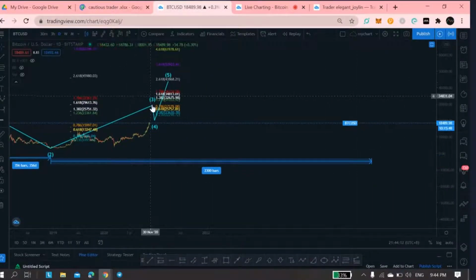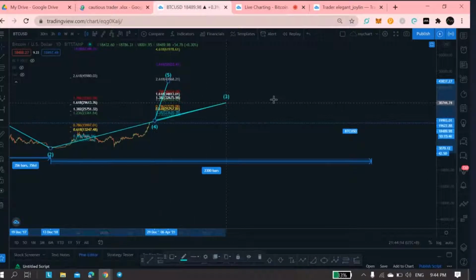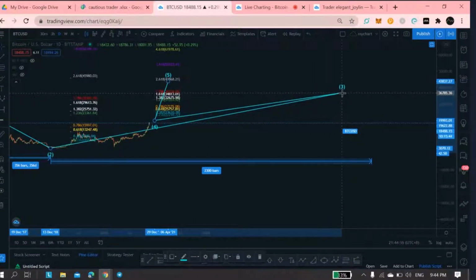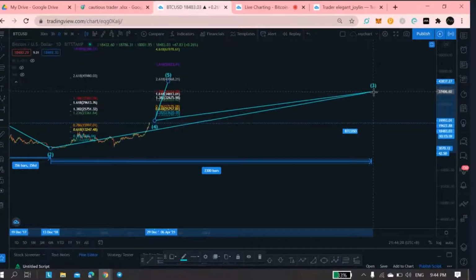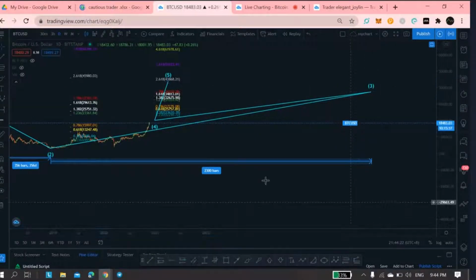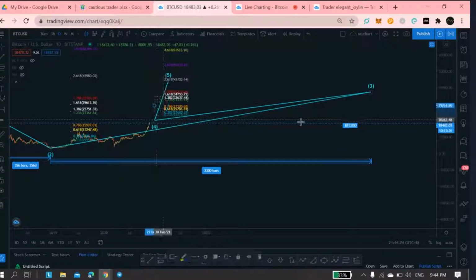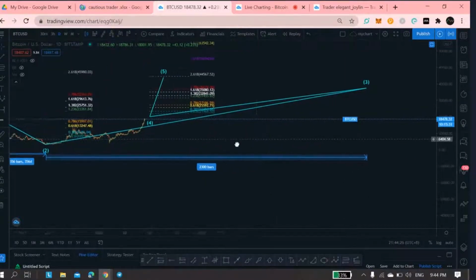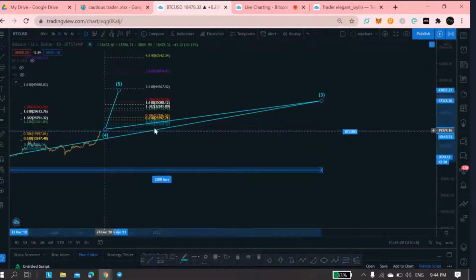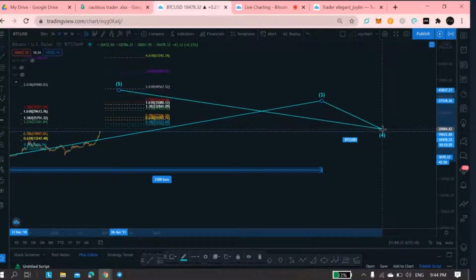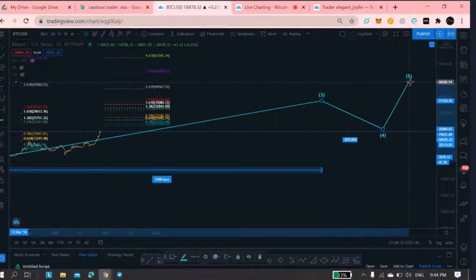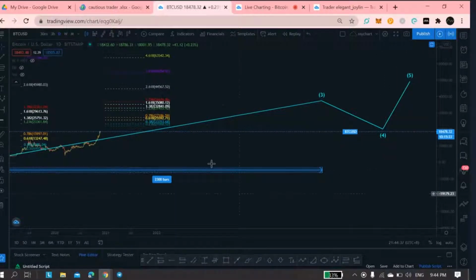Let me put it there. And then wave 4 around this area, and then wave 5. So I think we'll just end it here.